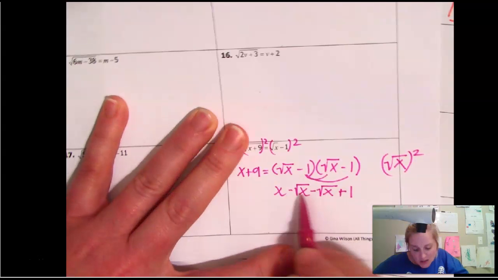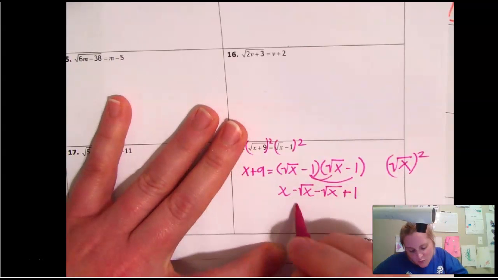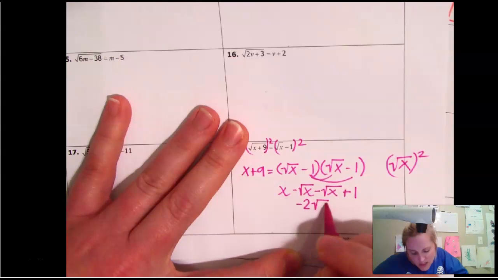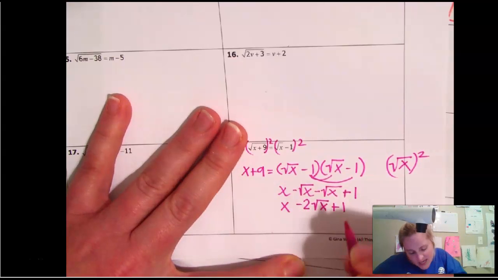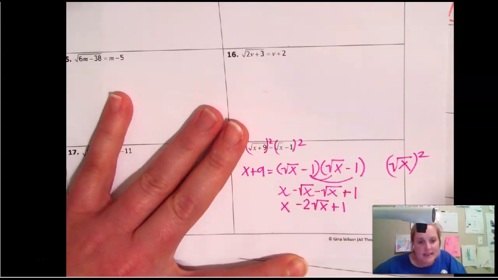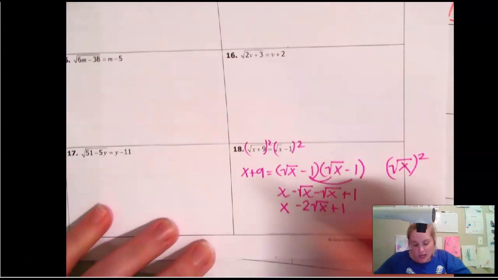These are our like terms. This is like 1 and 1, so that would be -2 square root of x plus 1. That's x. Just like that. Make sure I did that right. Yes. Okay.